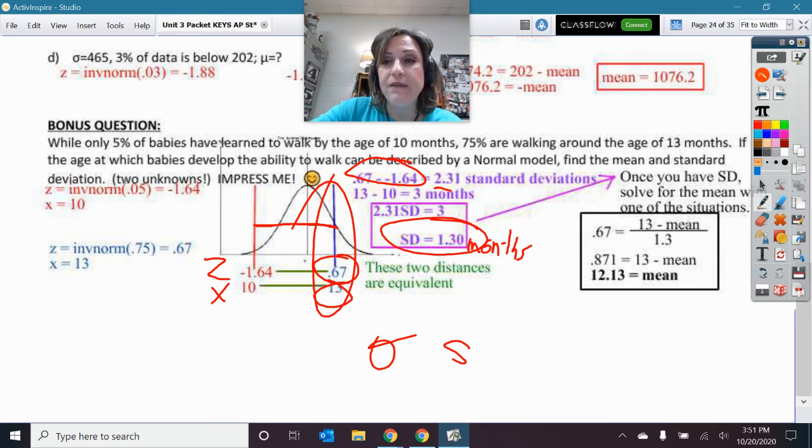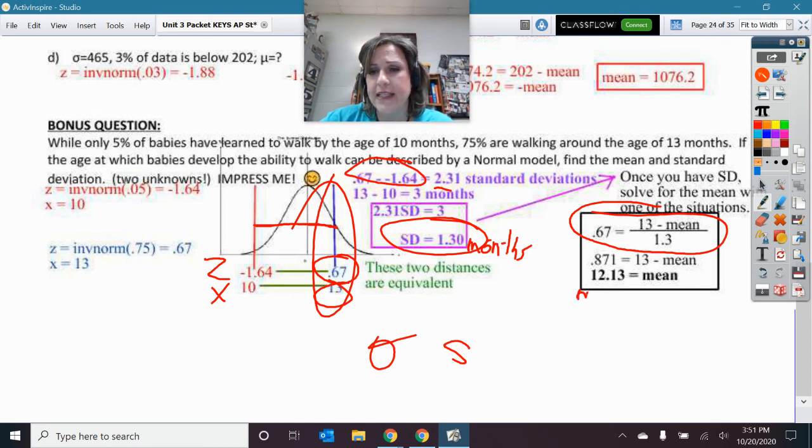So now you have three things that you can set up in your z-score formula and solve for the mean. And there you have a mean of 12.13. And again, I should have put context in here. That's the months, okay? So an average of 12.13 months with a standard deviation of 1.3 months.